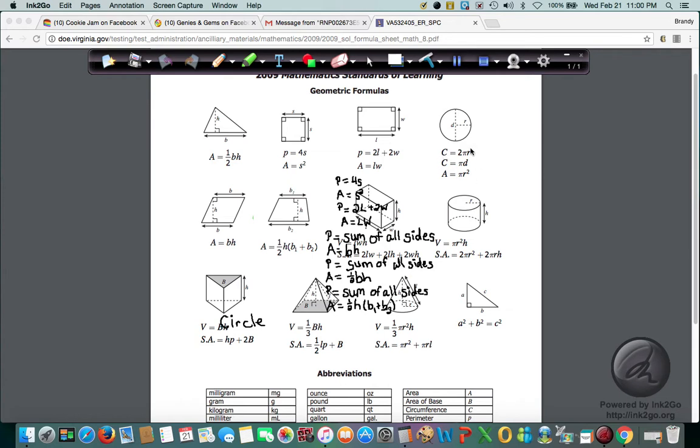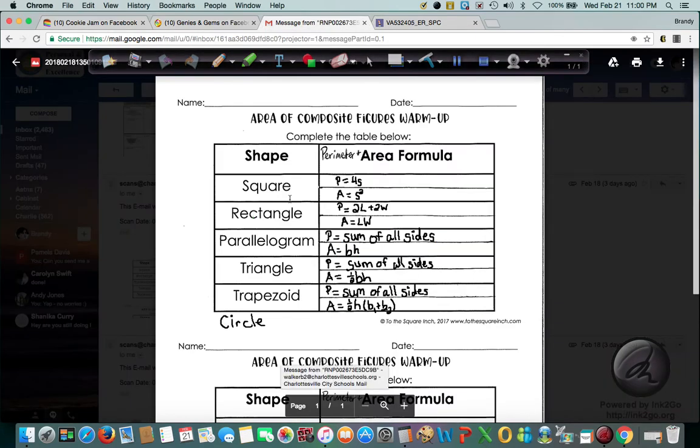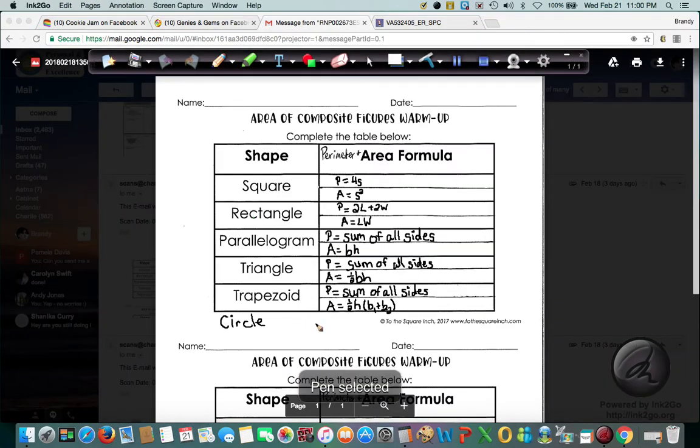So let's take these two formulas and put them back on our table. So for a circle, our perimeter, which is actually C, circumference, is going to equal 2 times pi times the radius.